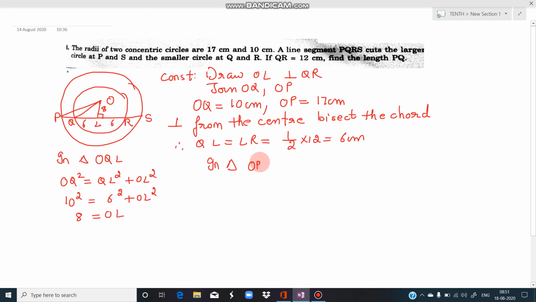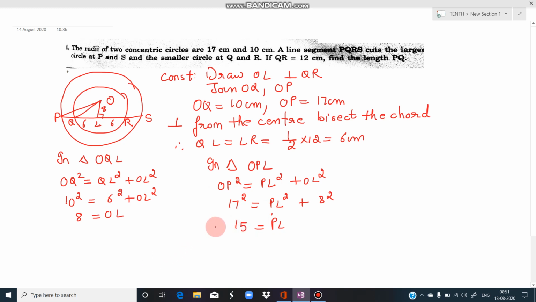Then we take the bigger triangle, that is OPL. Again we apply Pythagoras theorem. OP square is equal to PL square plus OL square. Now OP is the radius of the bigger circle, 17 square. PL we don't know, and OL we have just calculated, that is 8 square. So from here we are getting that PL is 15.